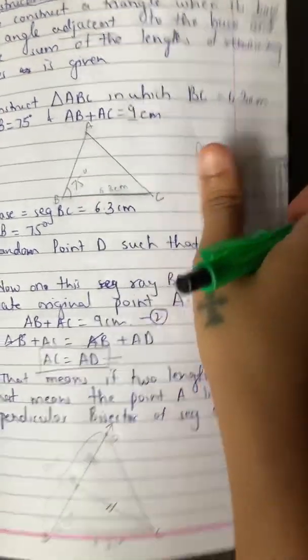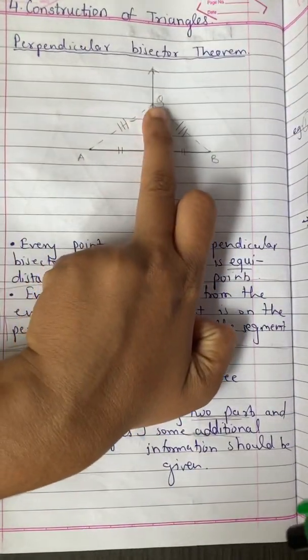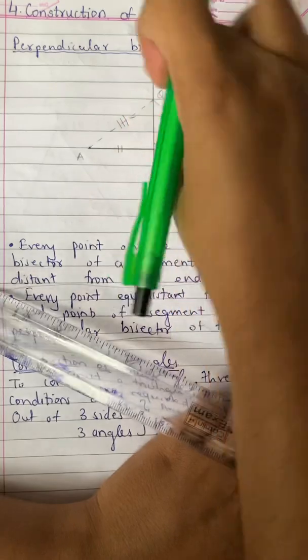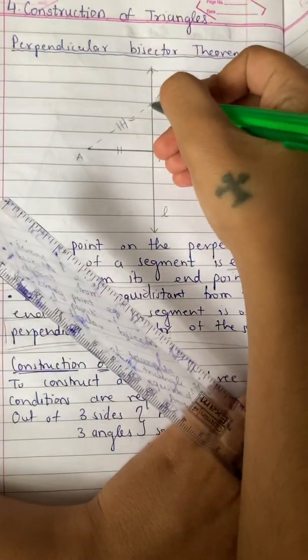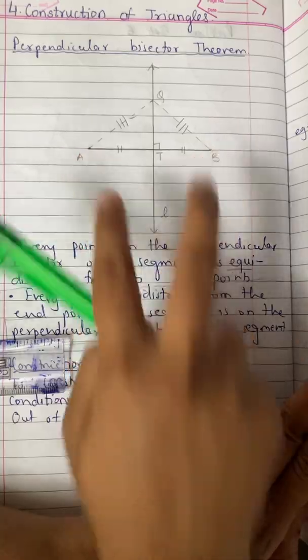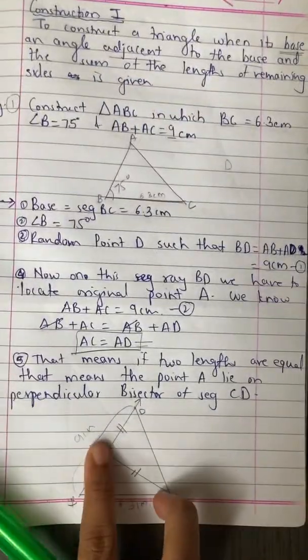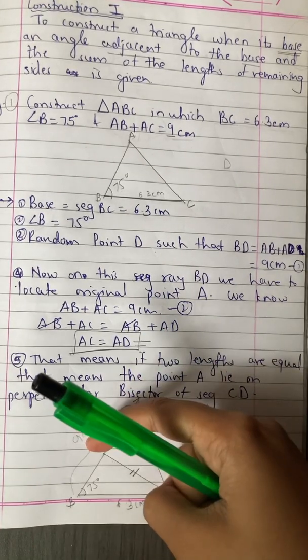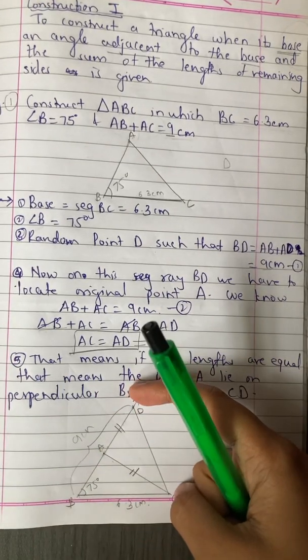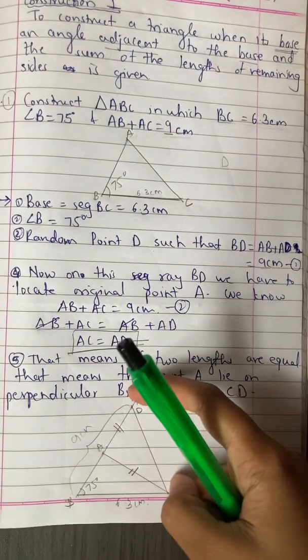I'll just revise from here. In the perpendicular bisector theorem, if from point Q these two lengths are of equal measures, then point Q lies on the perpendicular bisector of segment AB. Similar things happen here also. AD and AC are of equal length from the ends of segment CD, so point A lies on the perpendicular bisector of segment CD.